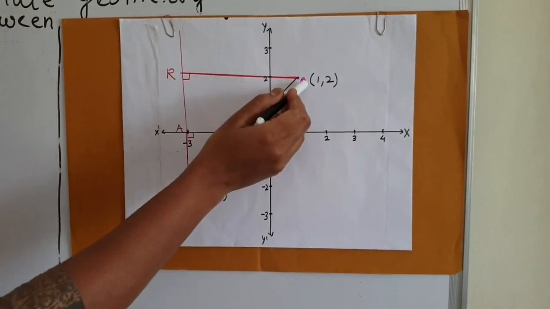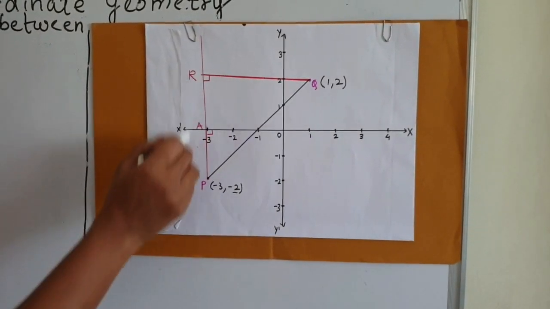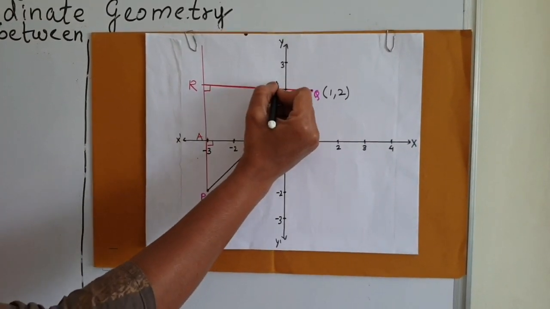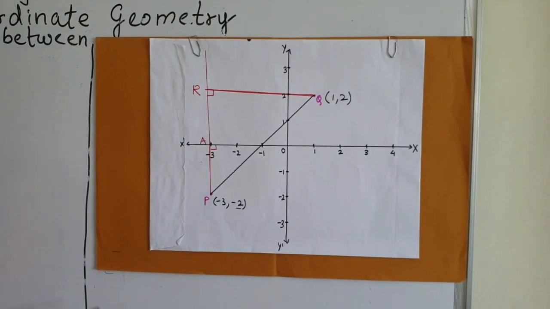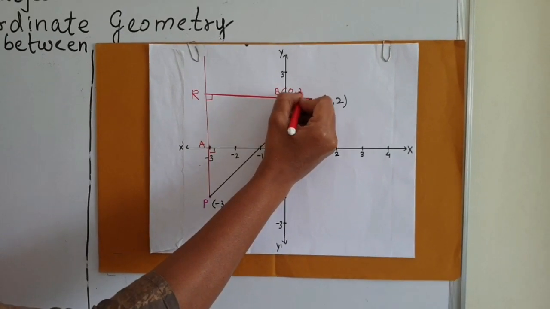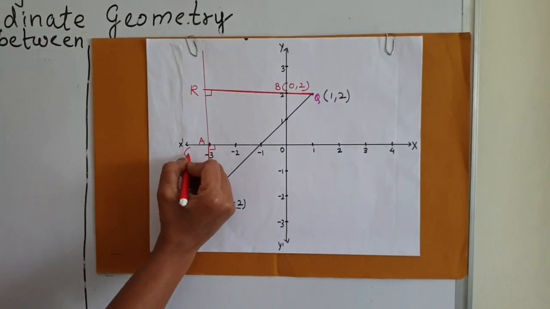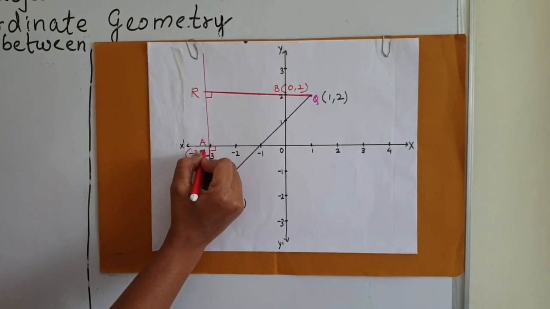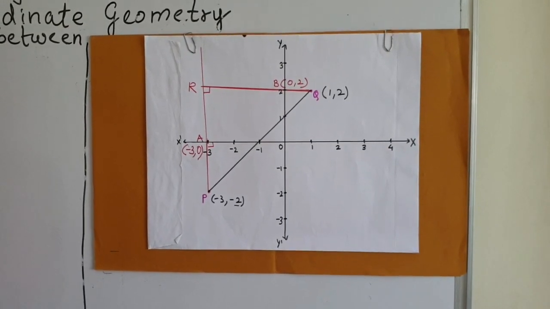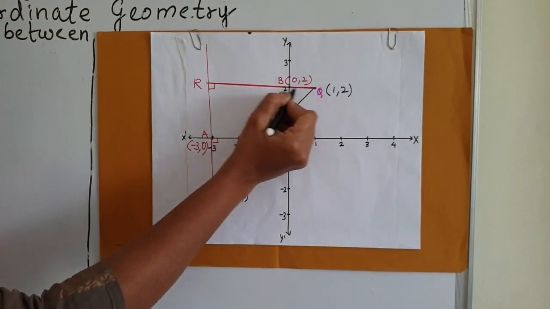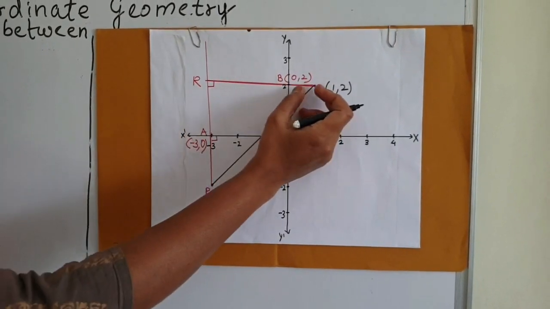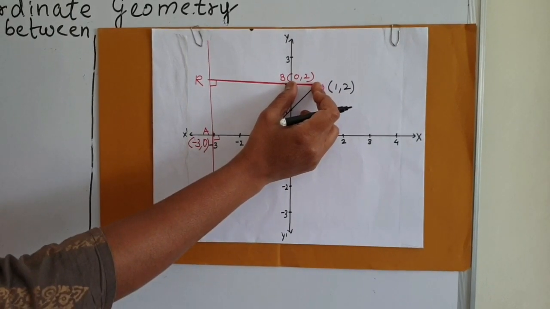By drawing this perpendicular from point Q on this extended PA, this meets the y-axis at a point, let's say B, with coordinates (0, 2). Here it is meeting at A with coordinates (-3, 0). Now if you observe here, this whole QR is QB plus BR. So what is the horizontal distance between Q and B?